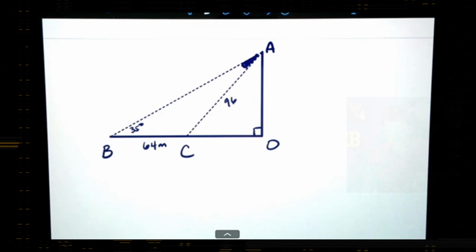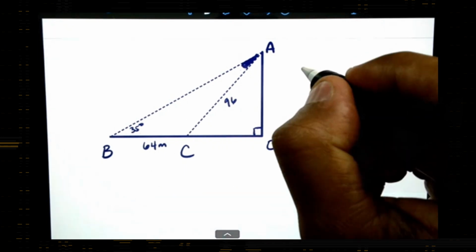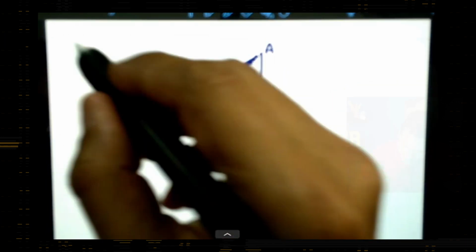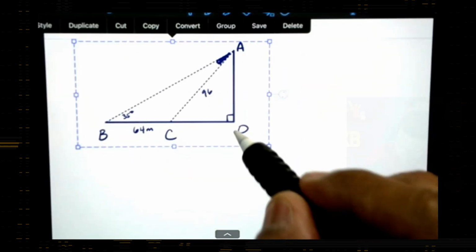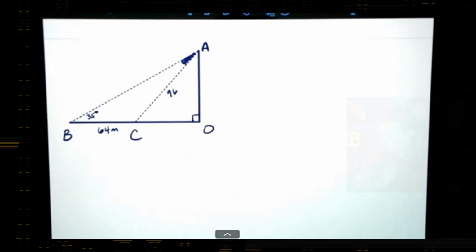So with the law of sines, I'm going to write here. Let me see if I can move this and make it a little bit smaller, so I can use more space.